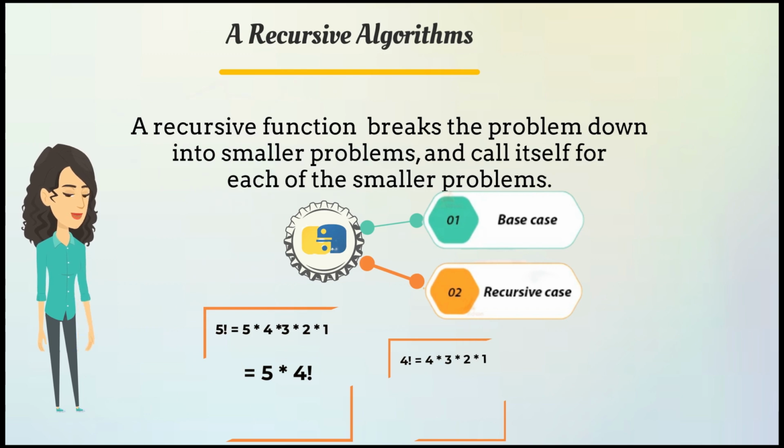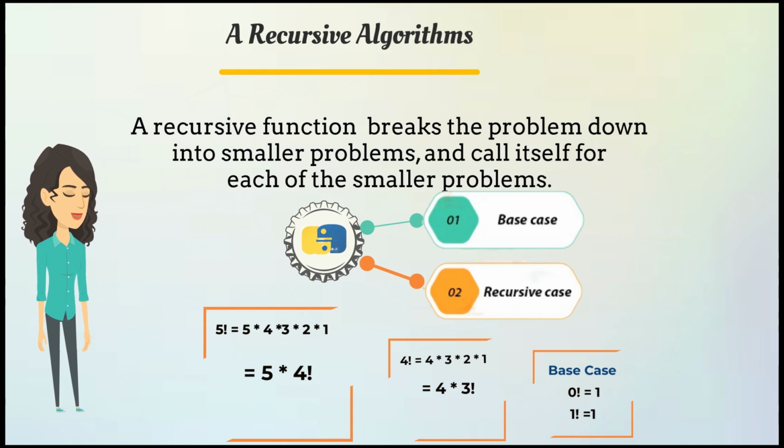But look, 3 times 2 times 1 is equal to 3 factorial. So 4 factorial is equal to 4 times 3 factorial. And we can continue doing that until we get all the way down to one of our base cases.